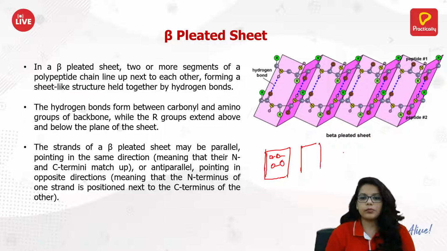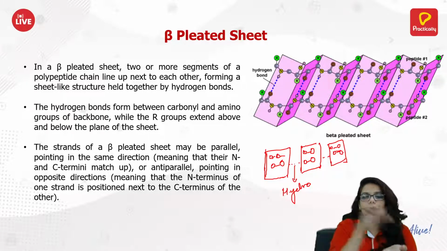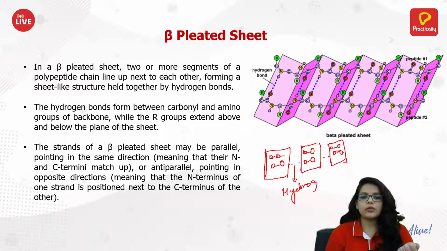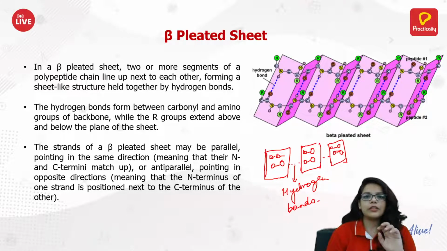You have another paper, same thing. So there are sheets, and these sheets are then linked by hydrogen bonds. One paper beside each other, on top of each other, but they are linked by the hydrogen bond.